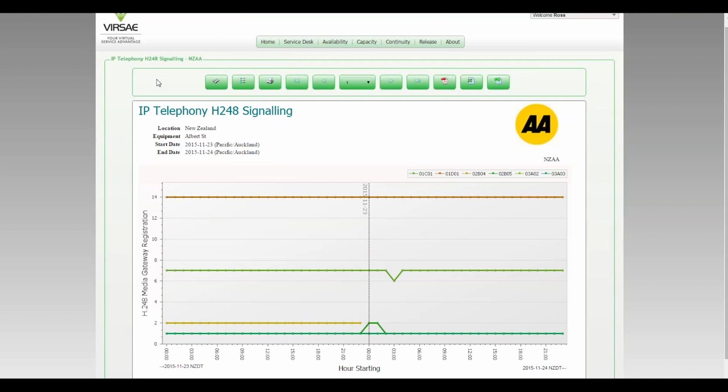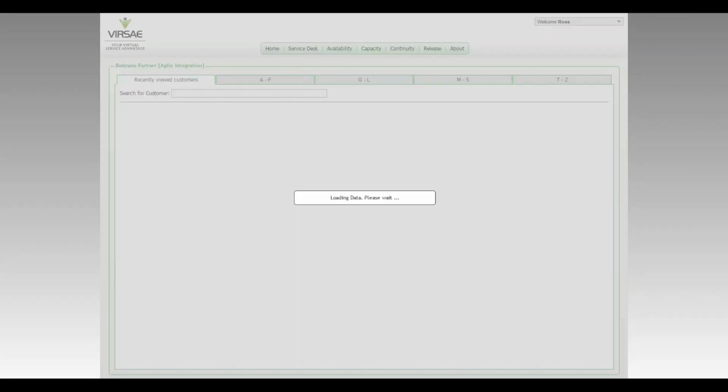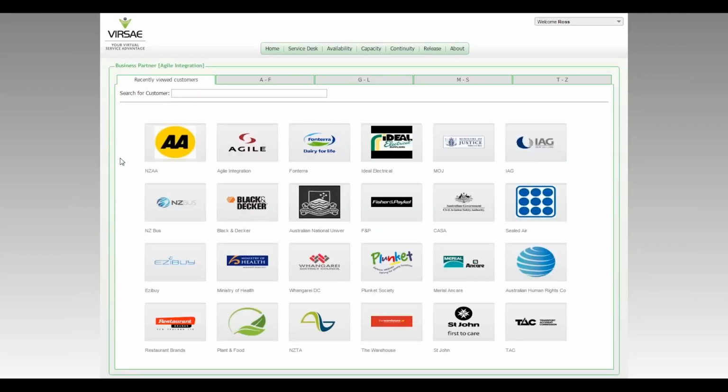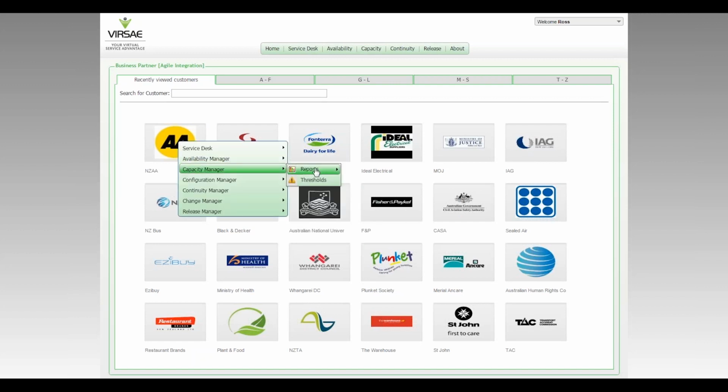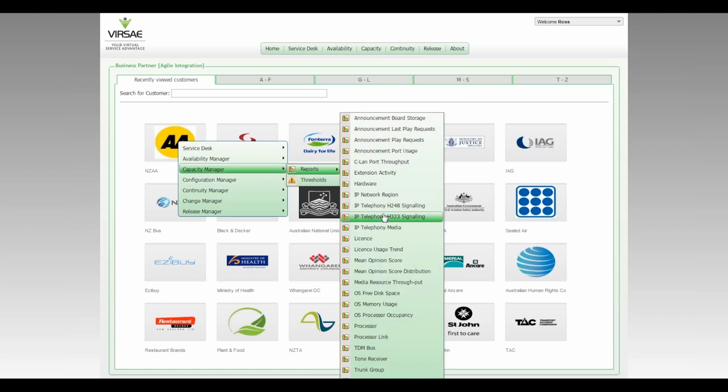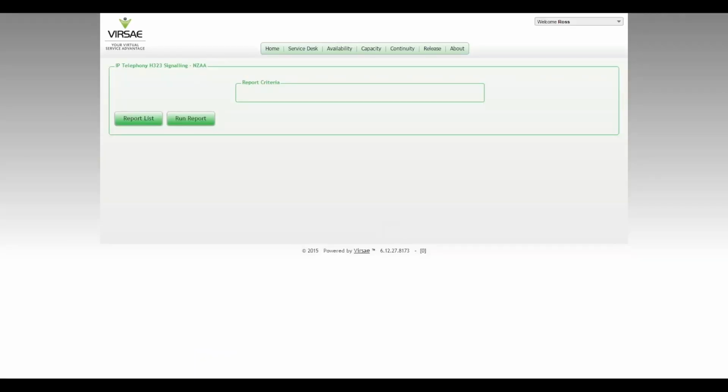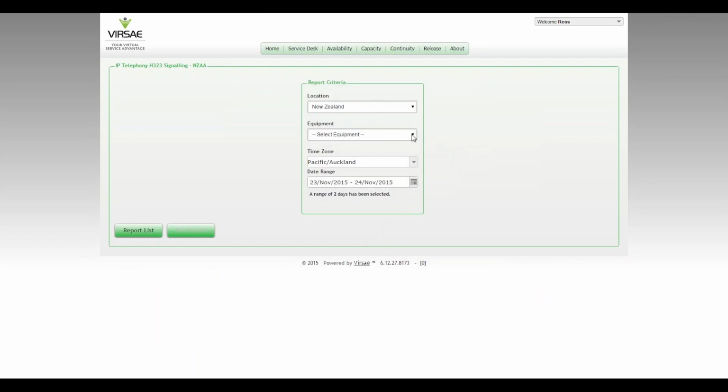In a very similar fashion, we can look at the IP phones because they work in a very similar fashion. In this case, they use H323 as opposed to H248. And we've got a report for that in Capacity Manager as well. So I'm picking if this was a network problem, you'd also get a number of IP phones that do the same thing.